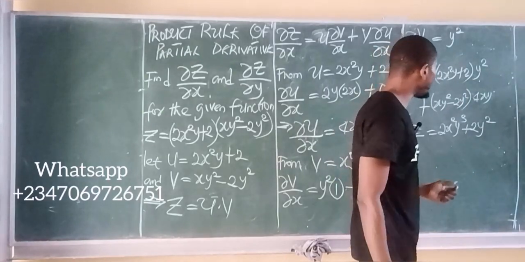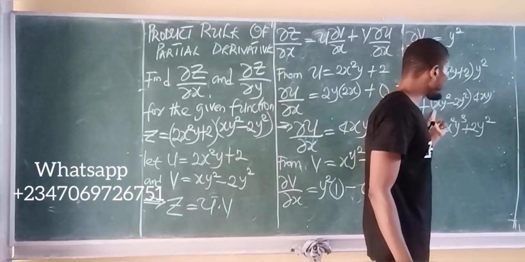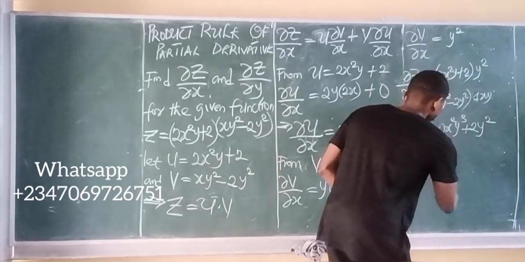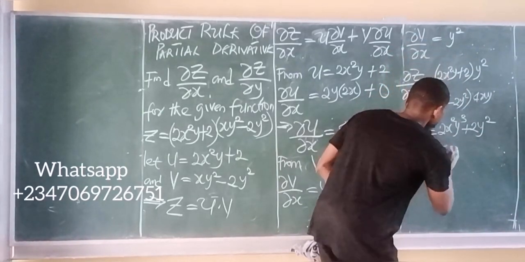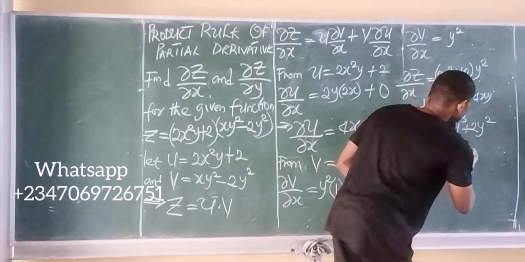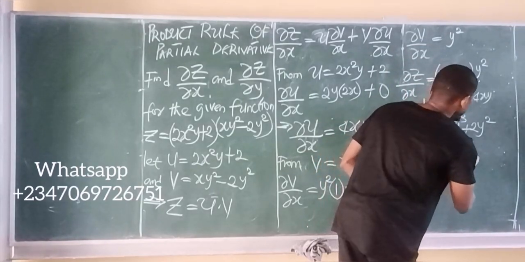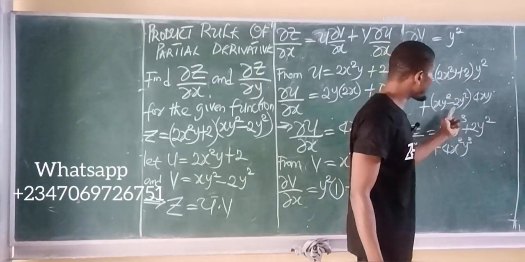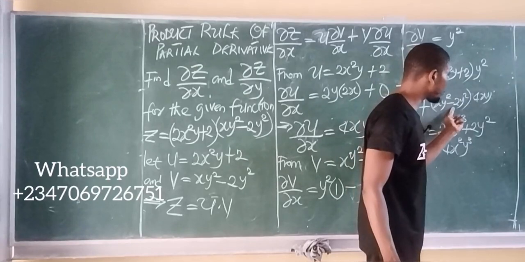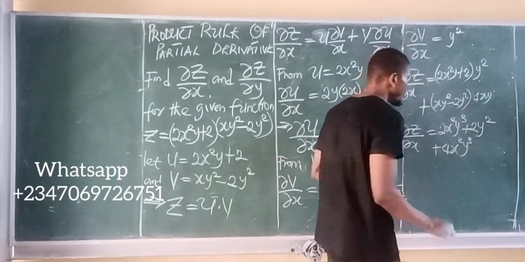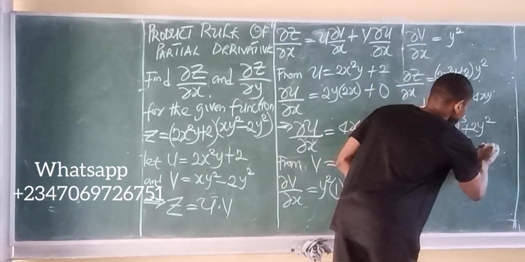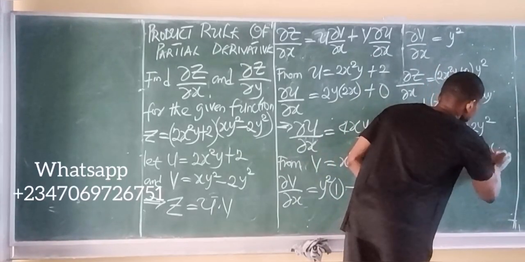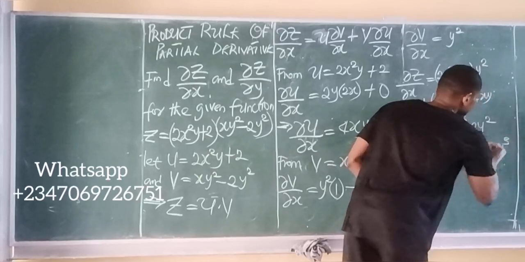Here we have xy squared multiplied by 4xy, and that will simply give us plus 4x squared y cube. Then we have minus 2y squared multiplied by 4xy. That will simply give us minus 8xy cube.